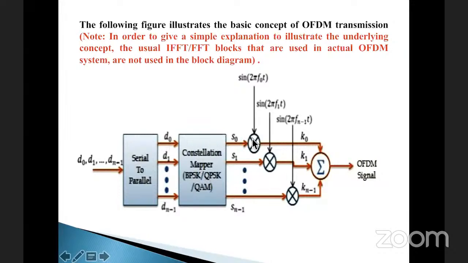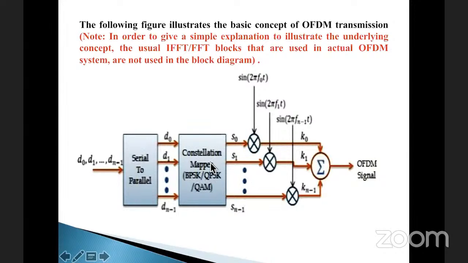Each carrier can take 2 bits at a time. So 4 into 2, 8. Till the transmitter gives 8 bits, I wait at this serial to parallel point. Then these 8 bits are given to each of the paths S0, S1 and S of n minus 1.